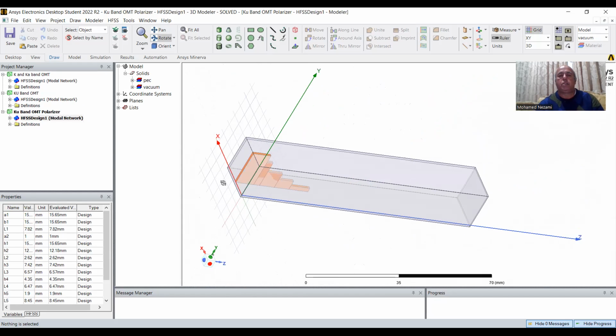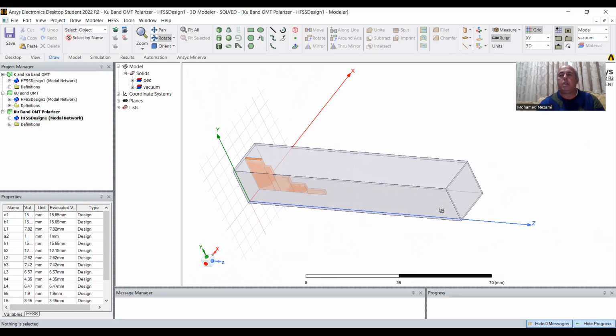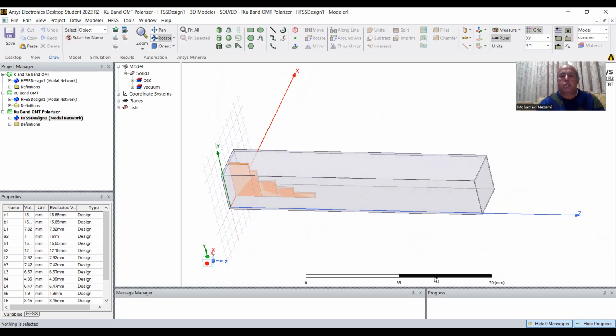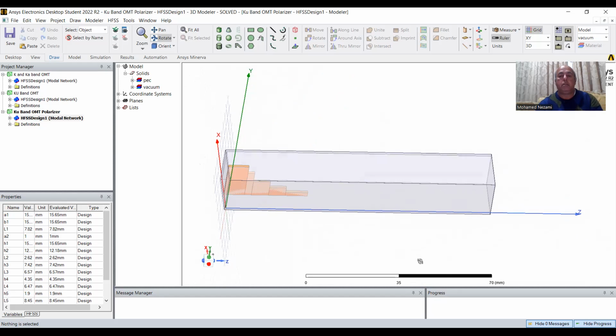We'll show in a minute the theory behind it. It will combine both of these to create either a right-hand circular polarized or left-hand circular polarized signal. The name for this is a metal step septum polarizer, okay?